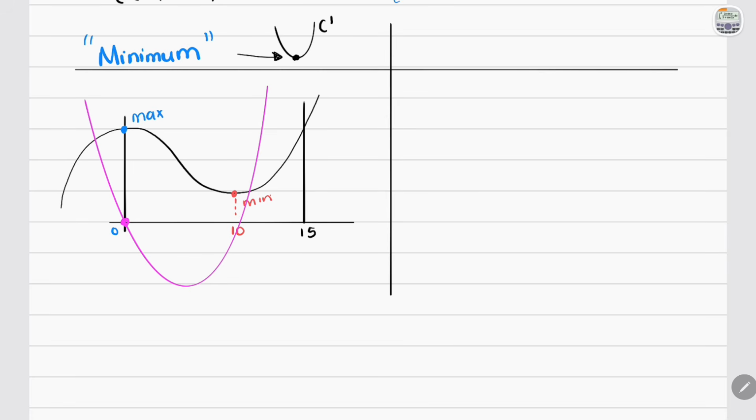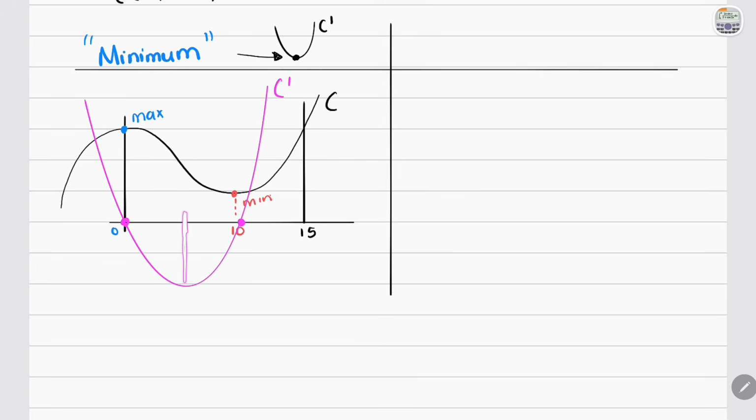This is how it always works: the x values of your turning points will be the x-intercepts of the derivative of that function. So if this one is C and this is C prime, then these are the x-intercepts. To find the turning point of the parabola, that would be right in the middle, at the midpoint of these two x-intercepts.